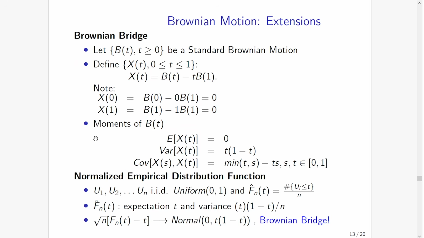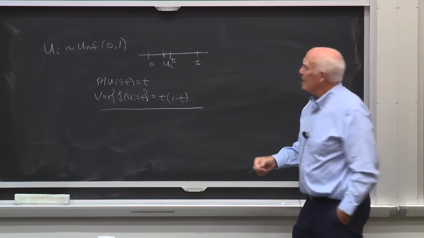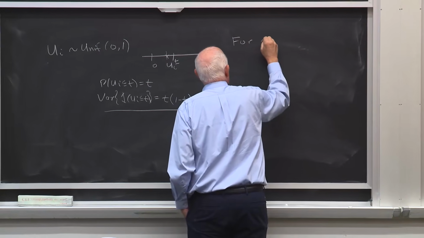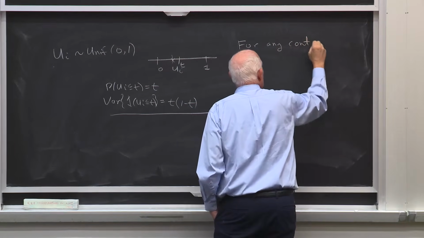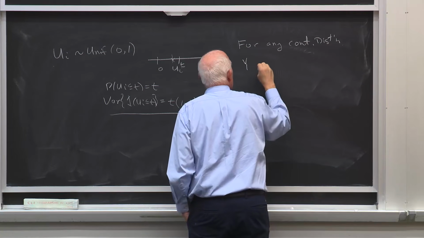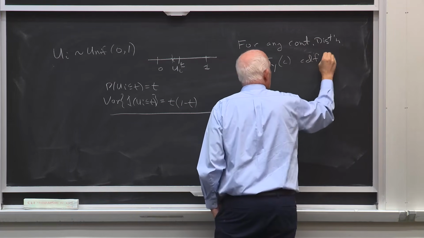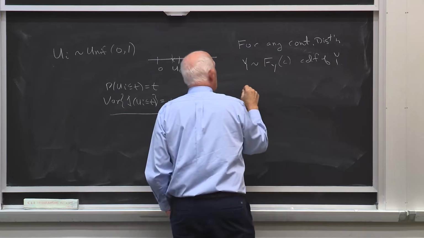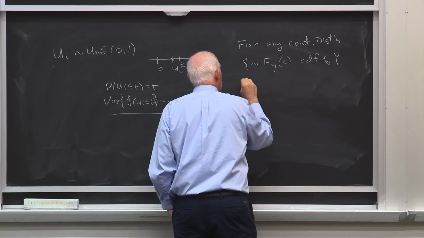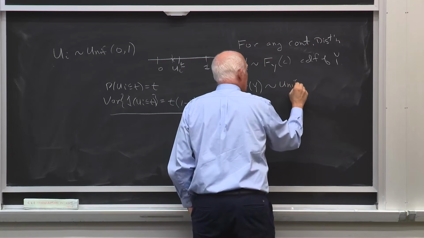Now, with these examples where we use uniform random variables and properties of functions of those uniforms, it's important to note that for any continuous distribution, say y distributed with some CDF F, if we calculate F of y, this happens to be a uniform distribution.